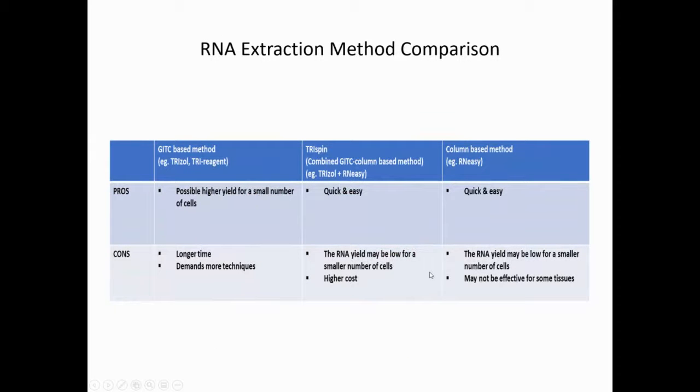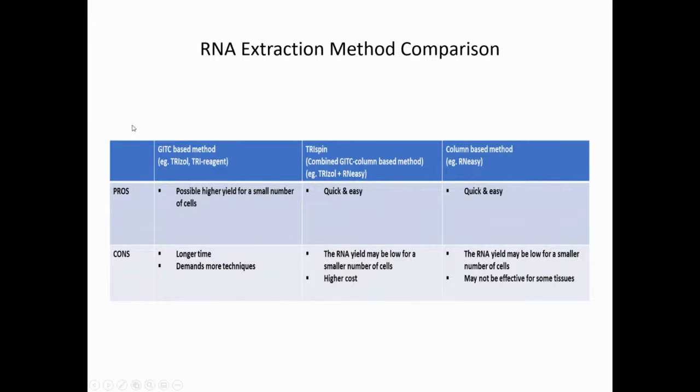And this is a comparison of these three different methods. You have Trizol, TRI Reagent, or TRIspin, that's GITC with column, or just column, all right? There is a higher yield for the GITC-based method. This method is very similar to phenol-chloroform extraction.